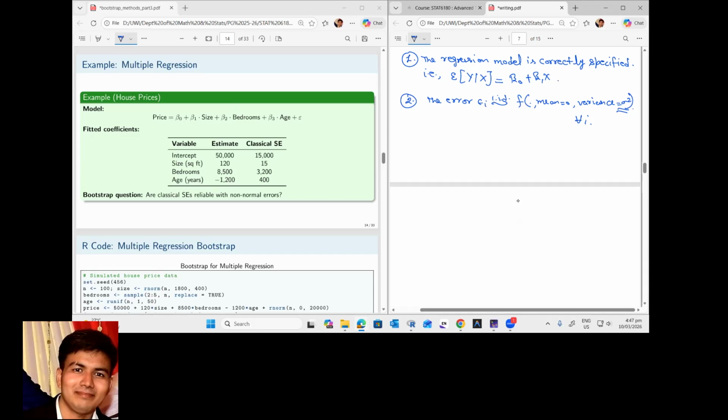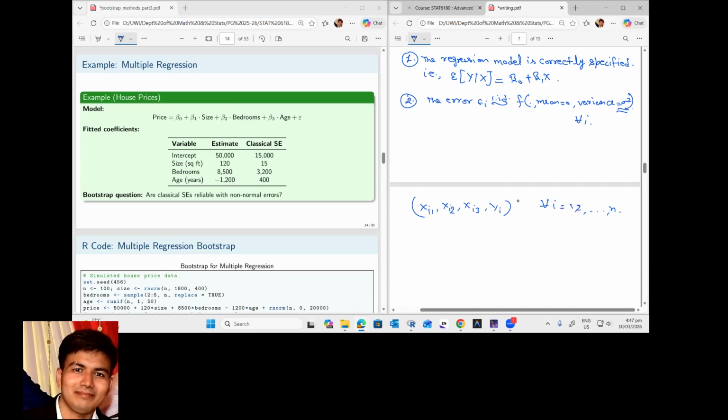Here we have beta naught, beta 1, beta 2, beta 3. So we need to generate x i1, x i2, x i3, and y i. We need to generate these tuples for all i going from 1 up to n.